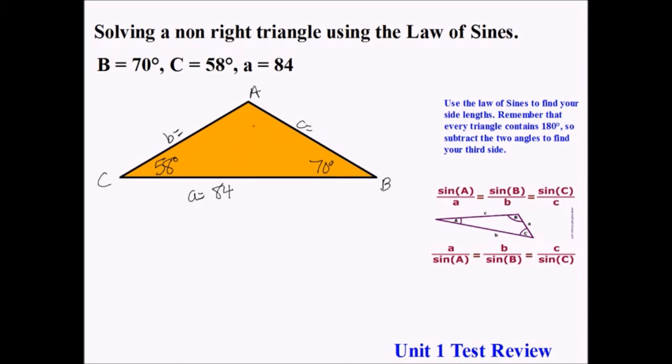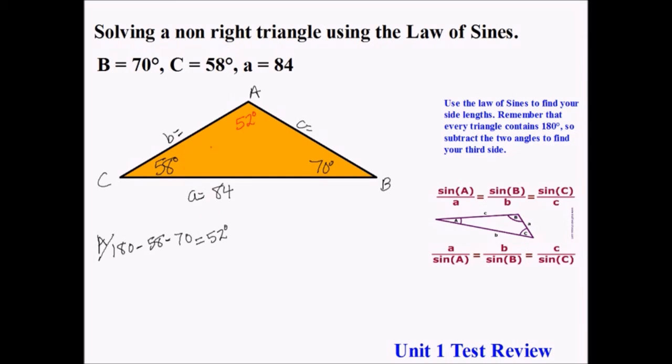So it's always easiest to find your third angle. So this is going to be for big A. Big A is 180 minus 58 minus 70. And you get 52. So big A is 52 degrees.